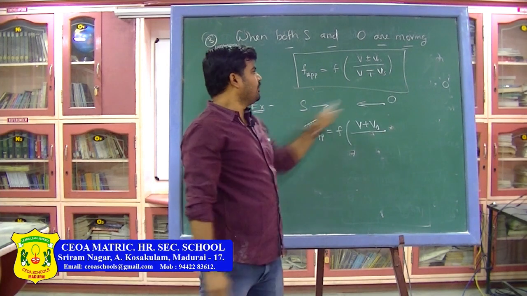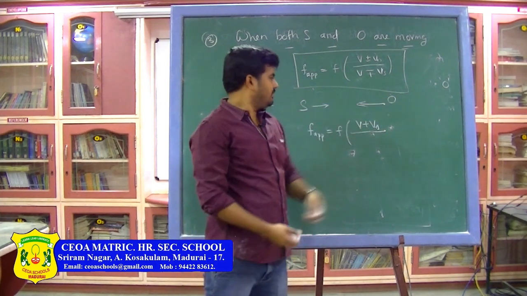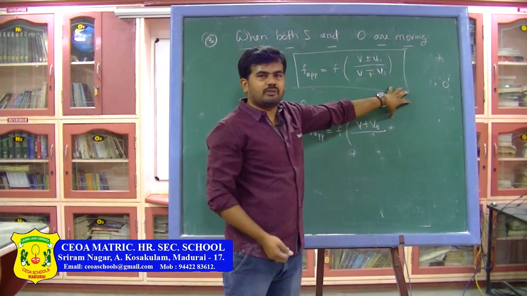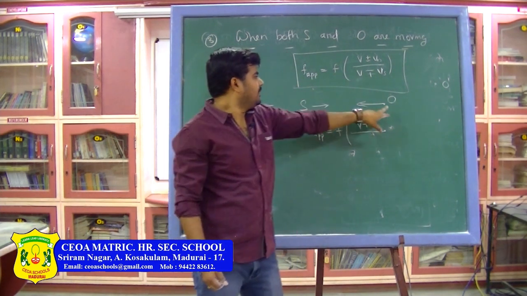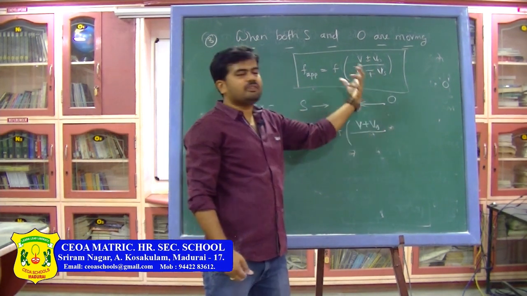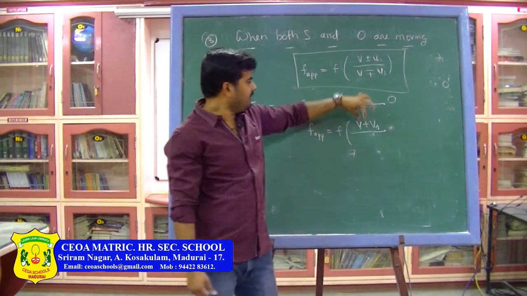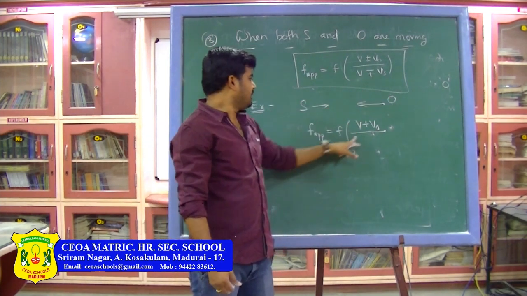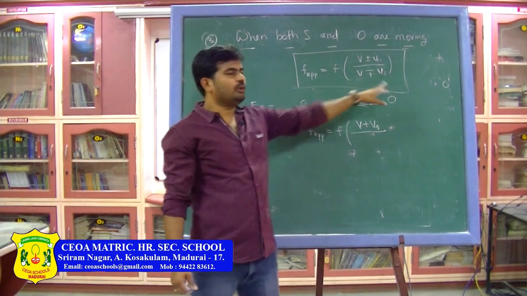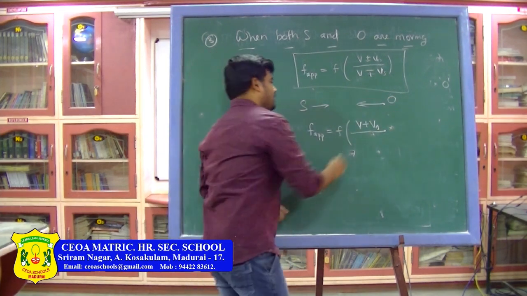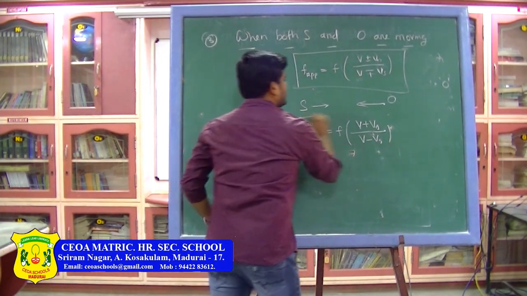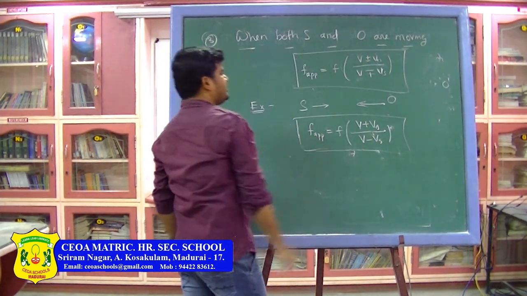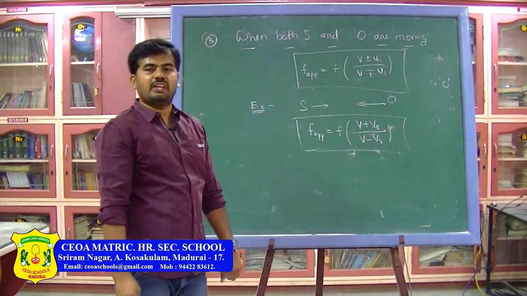As the source is moving towards the observer, the denominator will be V minus Vs. So, this is the frequency when the source and observer are approaching each other.